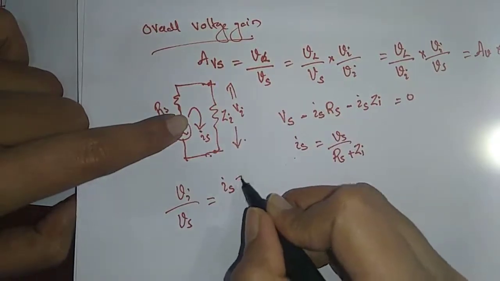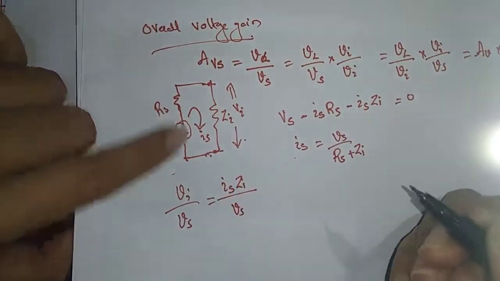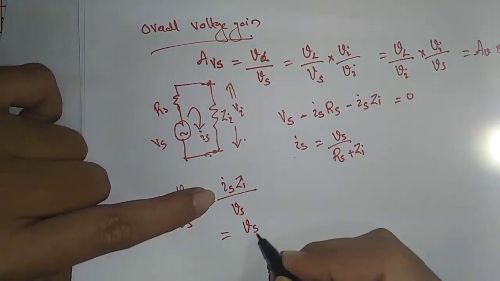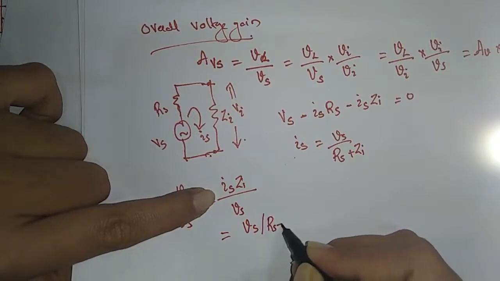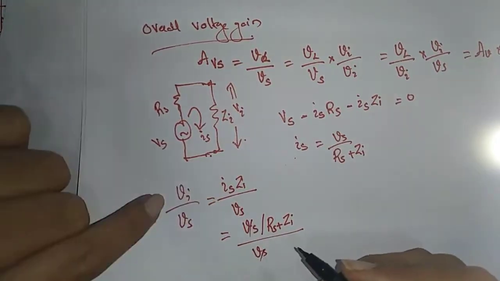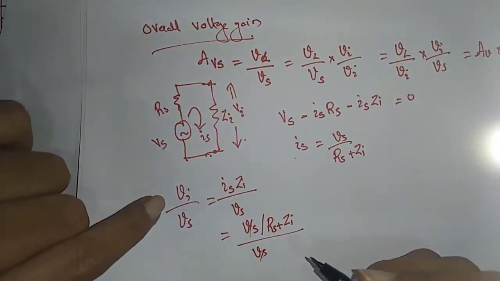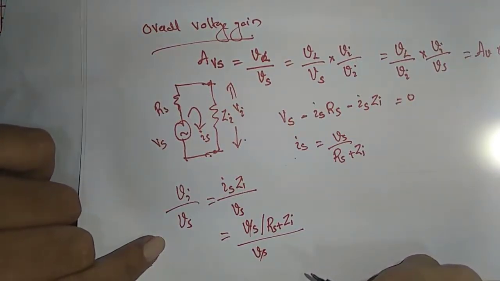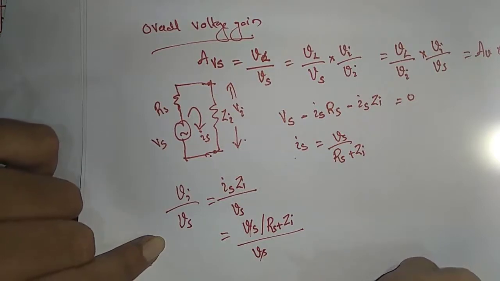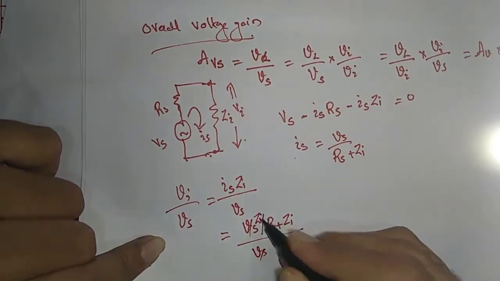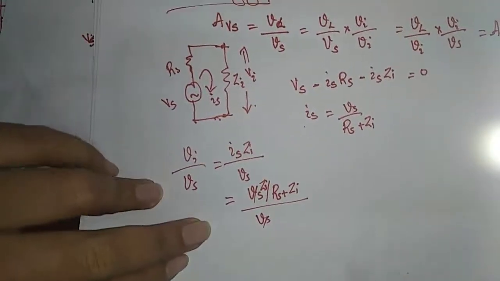So Is into Zi is Vi divided by Vs, and Is is Vs divided by Rs plus Zi, divided by Vs. So this Vs gets cancelled, or I can say Vi by Vs is, sorry, there is one Zi also here. Okay, so I will write it once more.